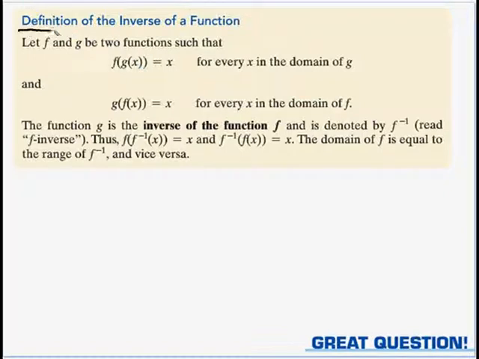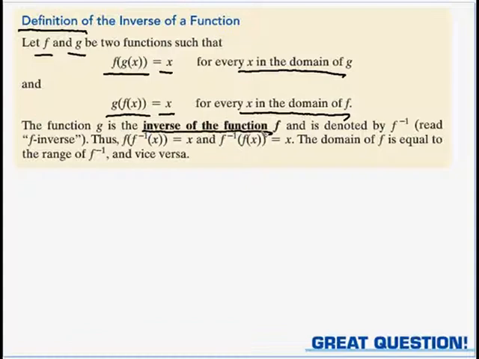And here's our book definition. Let f and g be two functions such that f of g of x is equal to x for all x's in the domain of g, and g of f of x is also equal to x for all x's in the domain of f. The function g is the inverse of the function f and is denoted by f inverse.